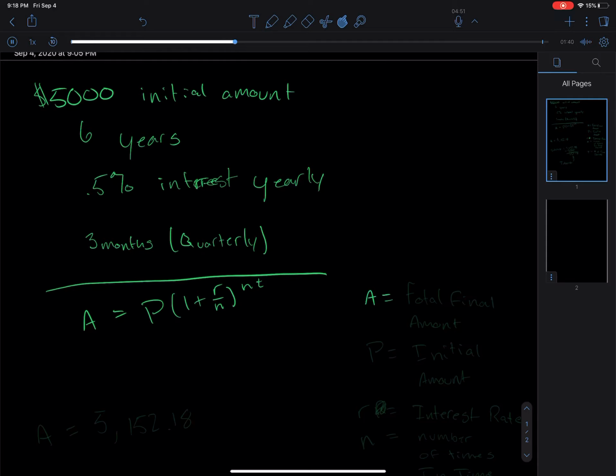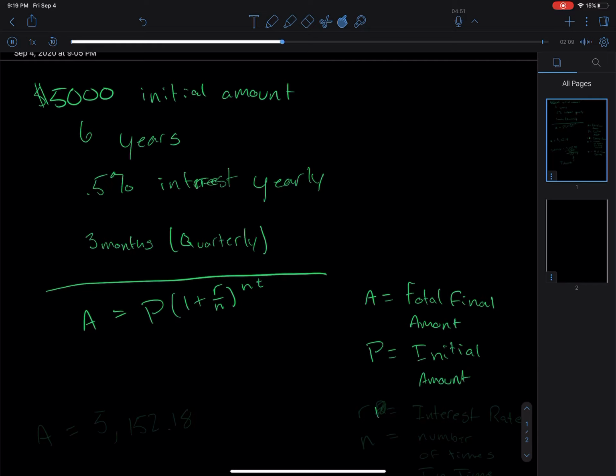A is the total final amount. P is the initial amount, which I think is also referred to as principal balance.